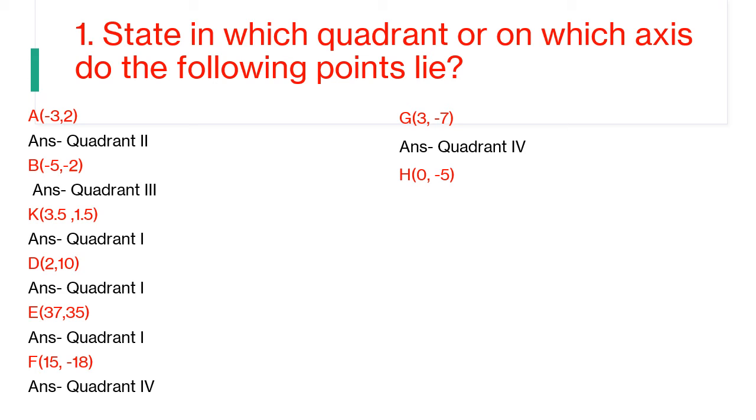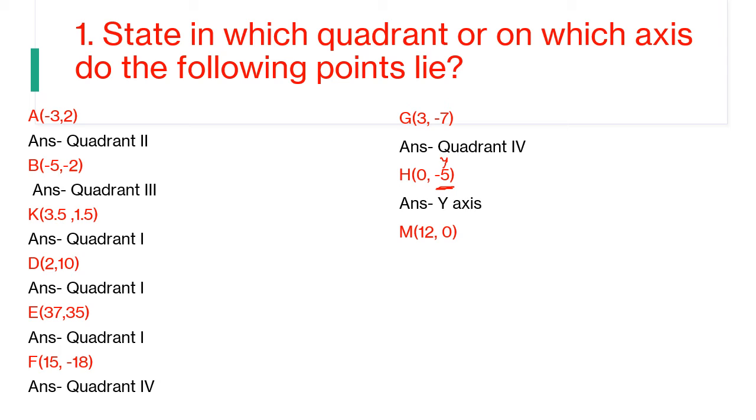Now look here, there is 0 in the coordinate. That means this is lying either on the x axis or on the y axis. So let us find out which one. Now since the x coordinate is 0, the value is given only for minus 5. That means the y coordinate is given to you, right? And therefore we will say that it lies on the y axis. Next one, 12 comma 0.